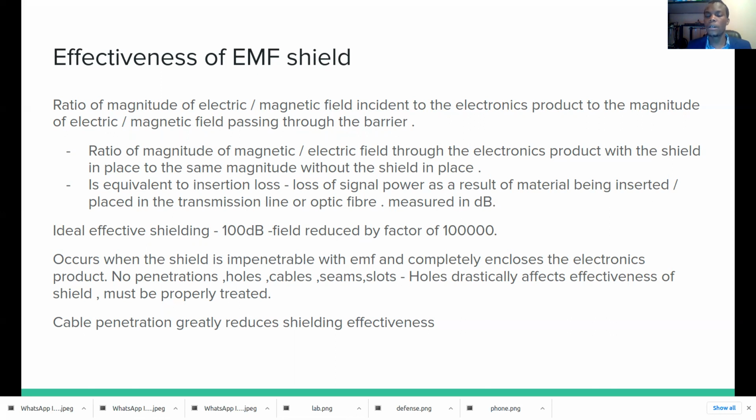It's a hypothetical or imaginary situation. You have to note that any hole, no matter how small it is, will affect the effectiveness of this shield drastically. For cable penetration, for example, if you have an electronic part, a shield, and then a cable or wire penetrating through it, it greatly affects the effectiveness of that shield.